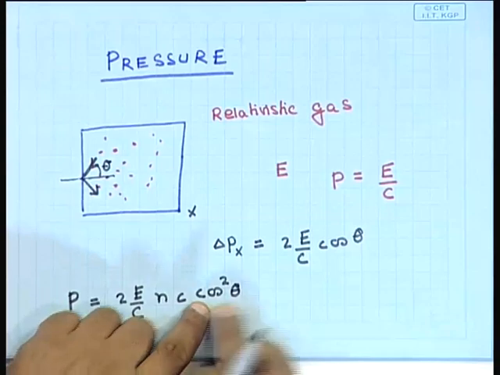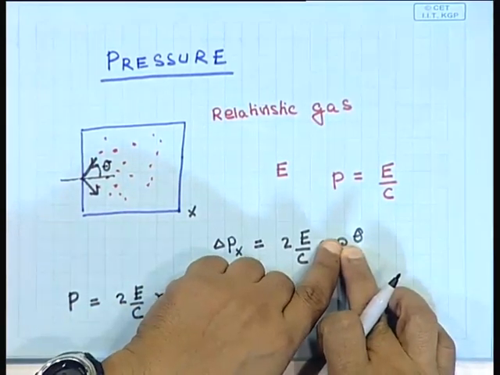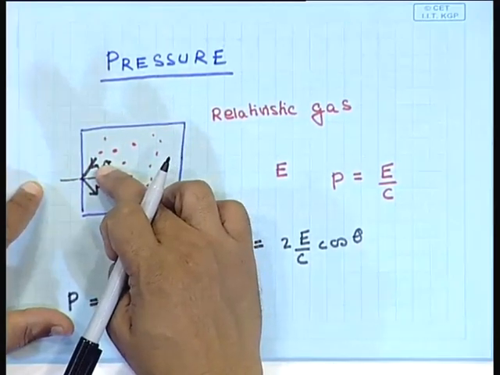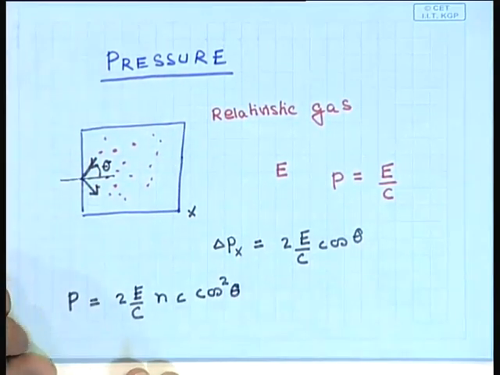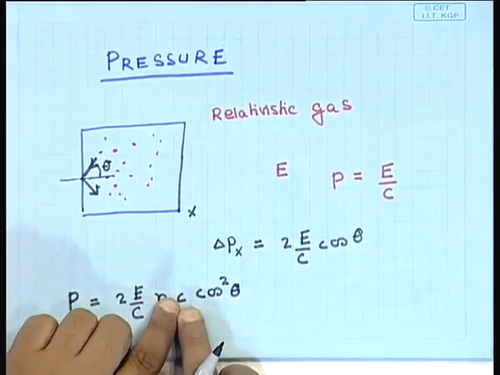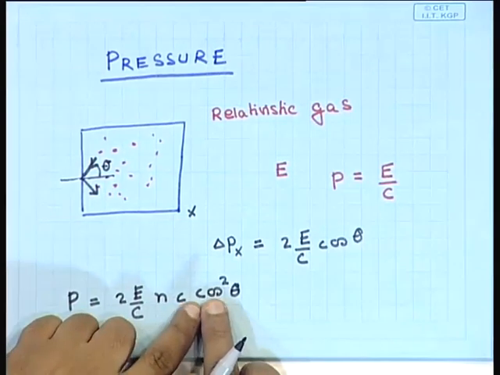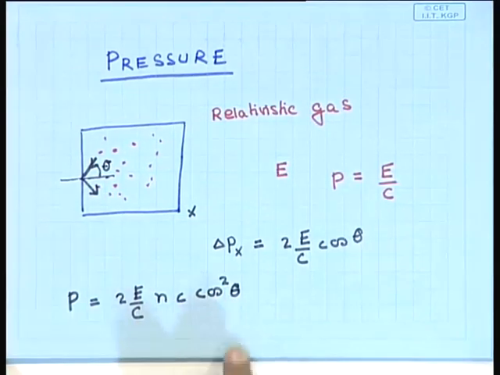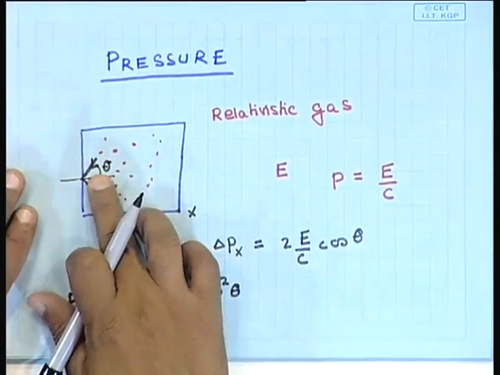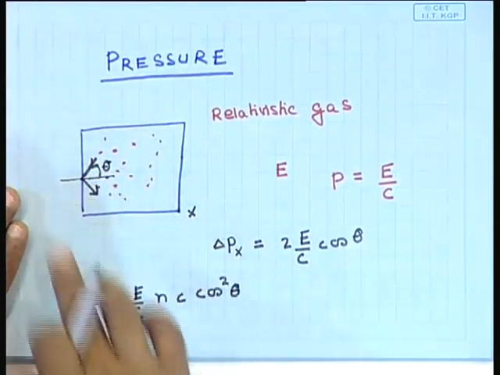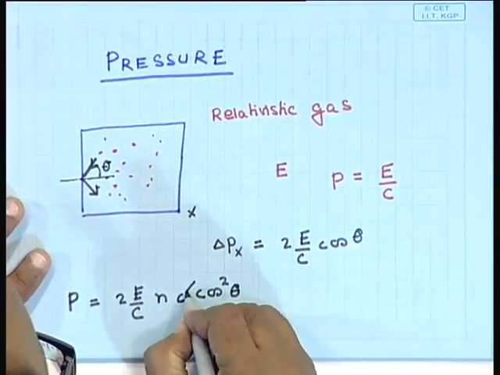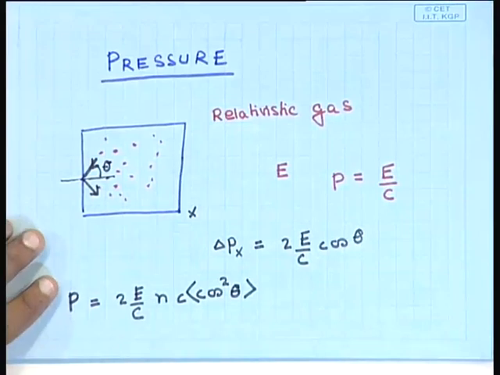Why cos squared theta? One cos theta from the momentum change and one cos theta because the rate at which they are crossing is the x component of the speed times the number density. So, the pressure is 2 E by c times the number density times c, times cos squared theta, and I have to take the average value of cos squared theta, because the particles are moving randomly, there will be particles coming in all directions. So, I have to calculate the average value of cos squared theta.